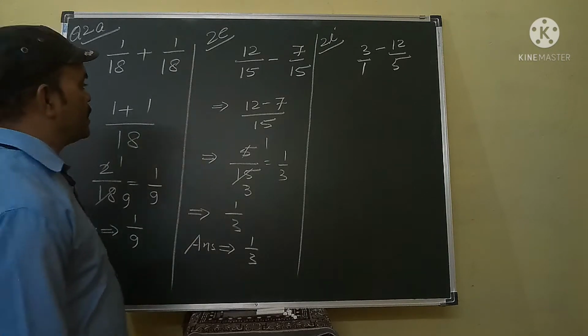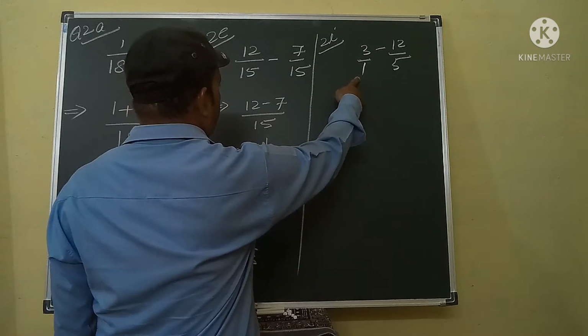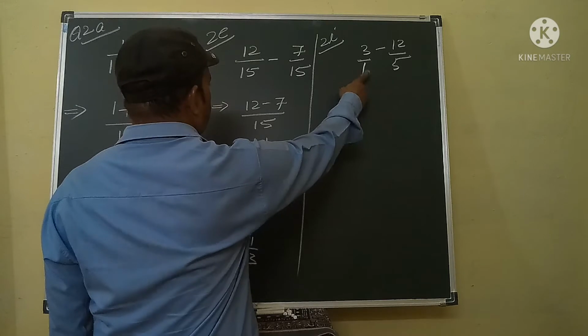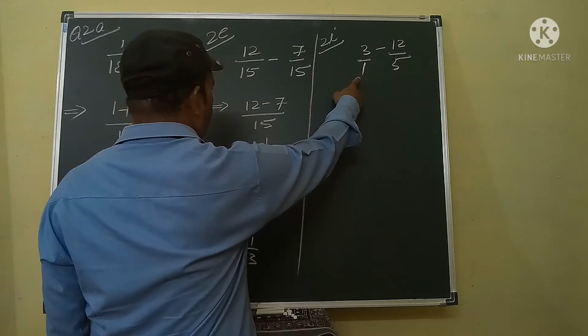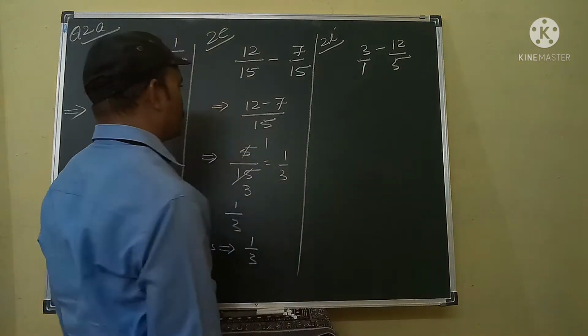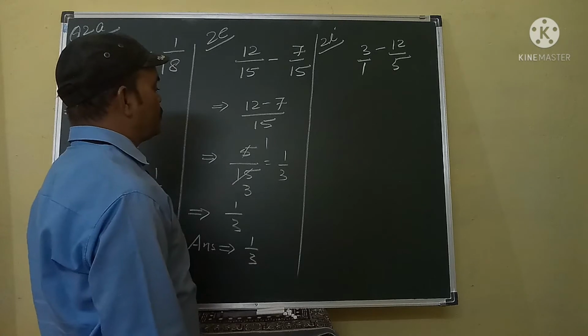As you are looking in these two fractions, in the first fraction the denominator is 1, and in the second fraction the denominator is 5. So what will we do?